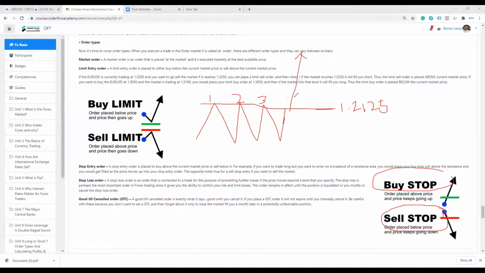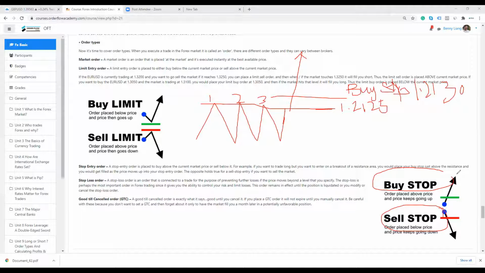So what they usually do is they put a buy stop above the current price. So let's say it's 1.2130. So when they put a buy stop, their bias is that the future market is going up, and they are basically giving standing instructions to the broker.